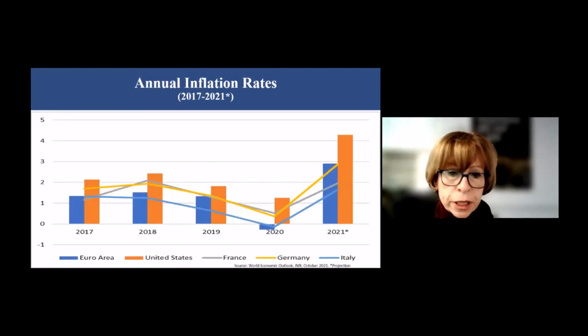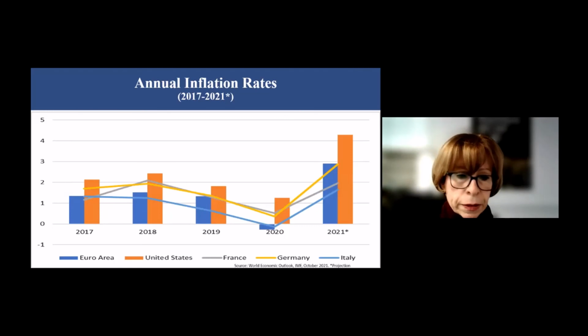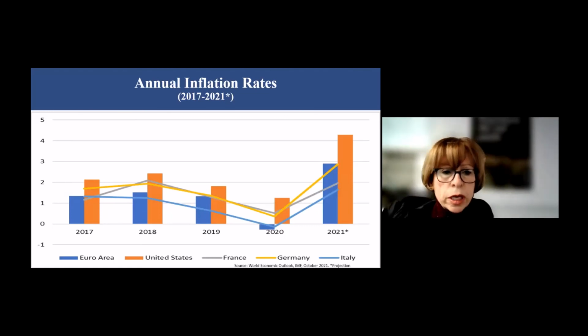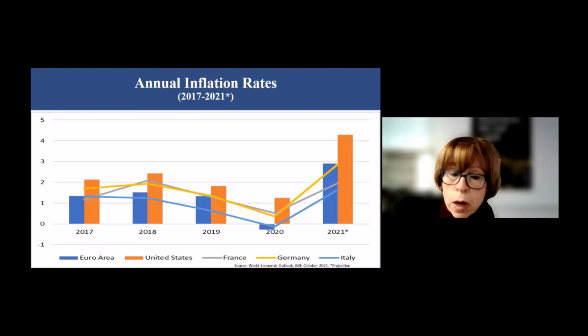Here are the annual inflation rates in 2017 through 2021. Again, as you can see, in the Euro area, from 2017 through 2019, the EA was not hitting the target rate. They were well beneath it. The US was around 2, a little beneath 2, so kind of symmetric, if you will.